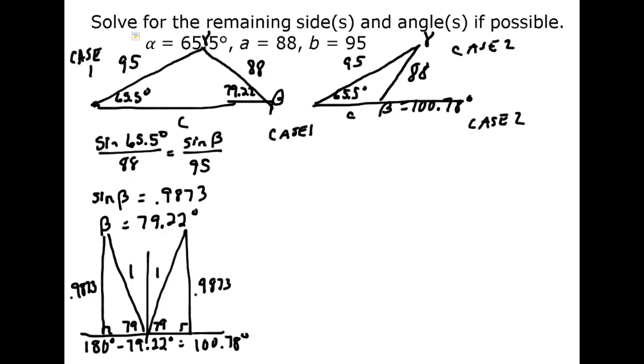So for case 1, I'll go ahead and find what gamma would be. So I'll just subtract the angles that I have. 180 degrees minus 65.5 degrees minus 79.22 degrees. So that would give gamma equaling 35.28 degrees.